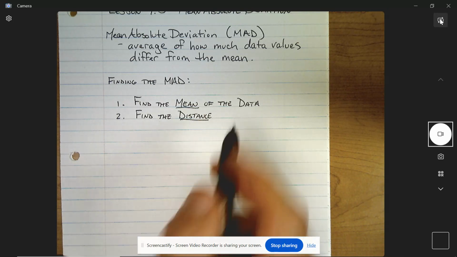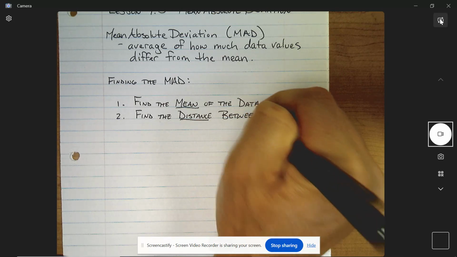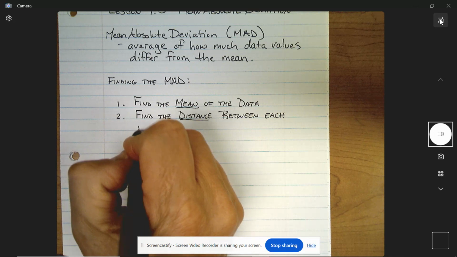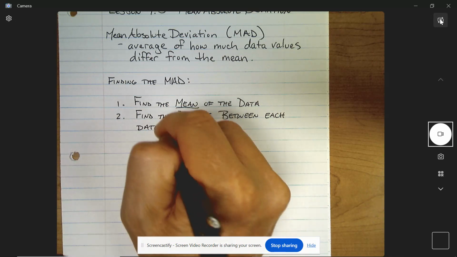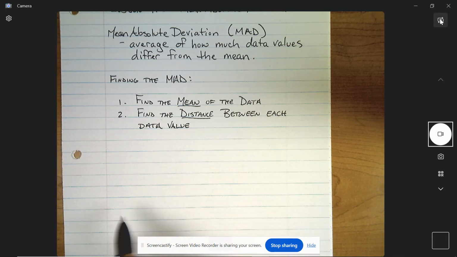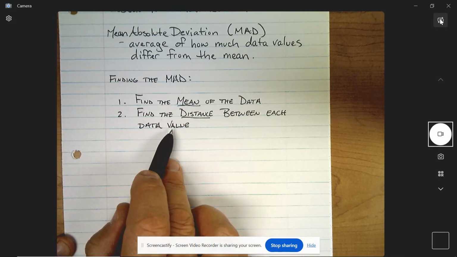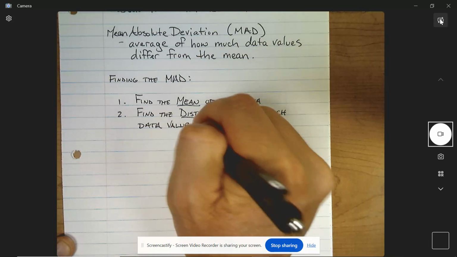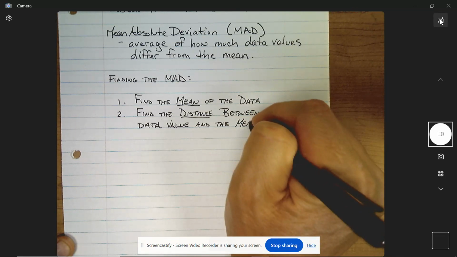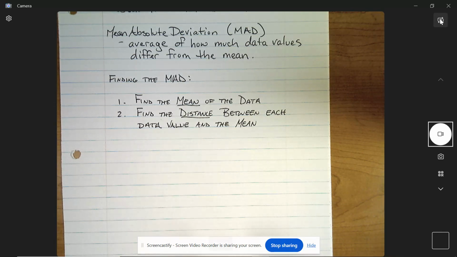So we're going to find the distance between each number, and again I'm just calling that a data value because I got to use the big words or else they won't give me a paycheck. So the data values and the mean. So find the distance between each data value and the number we found up here, the mean. So we're finding the mean, we're finding the distance, all right?